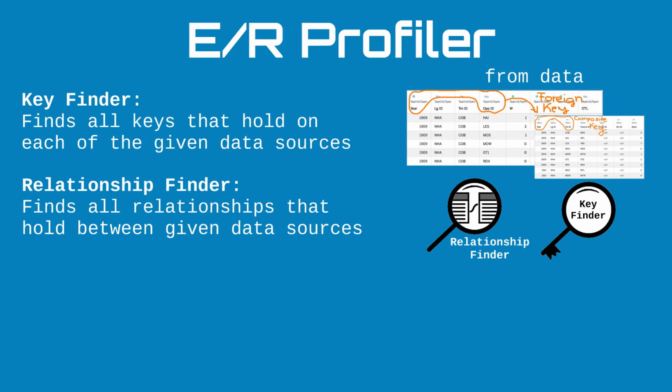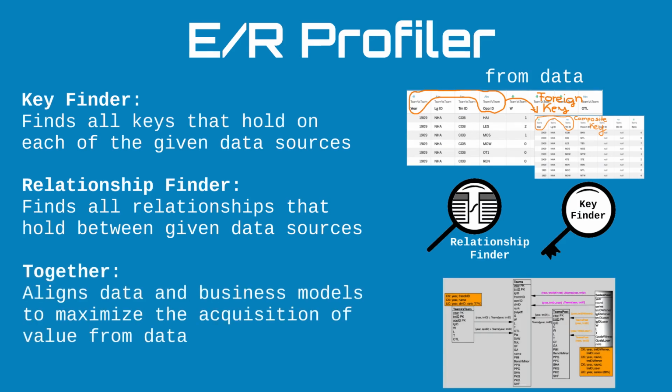How can we connect data sources? How can we link them to generate the insight from the union of all of them? So for that purpose, we have a relationship finder as well that finds effectively all the relationships that hold between given data sources. So with these two tools, you're actually in a position to generate a data model that is a perfect fit for the data that you have. And it's only through this perfect fit that you can maximize the acquisition of value from data.